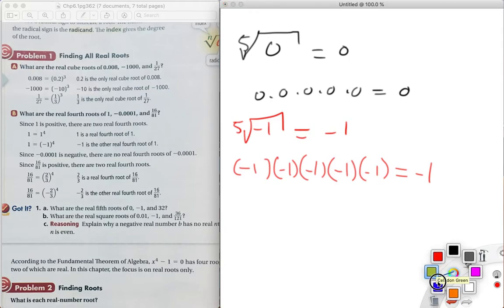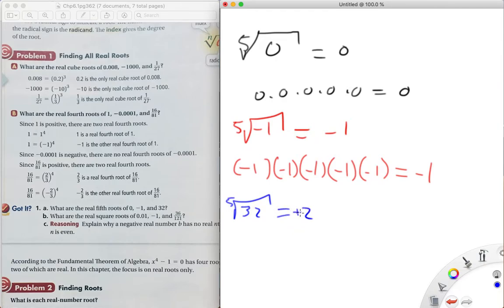And then the fifth root of 32, I think it's 2. Let's see. Yeah, equals 2.